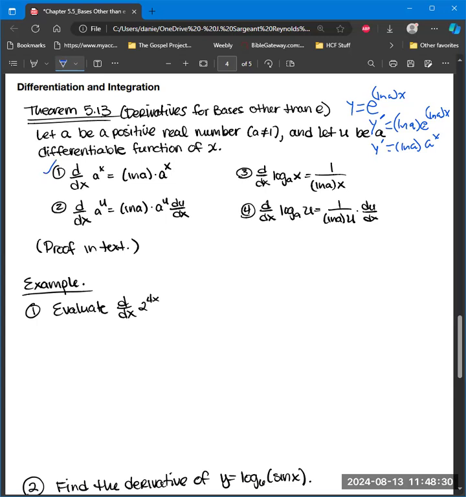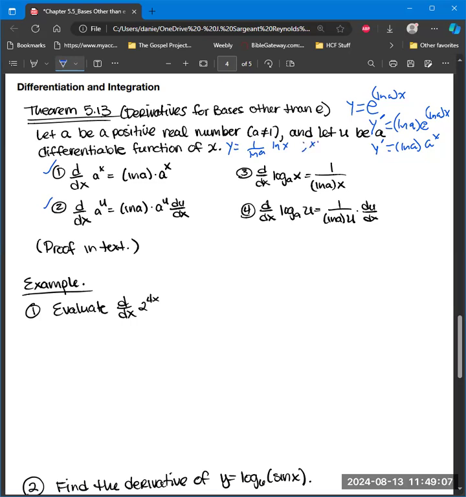And if I want to just change that using u substitution, my x's become u's, but I need to multiply by du dx on the end. Now, if I have my change of base formula rule, that log base a of x is going to be equal to ln of x over ln of a. So 1 over ln of a just stays there, and this ln of x becomes 1 over x.